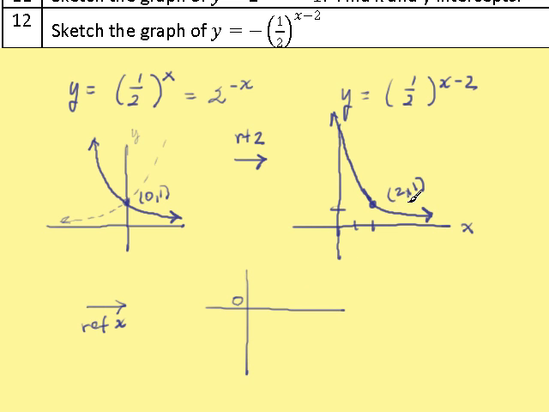Okay, so this point is going to change to 2 comma minus 1 when we reflect. And that's basically the picture. Okay, so this is the graph of y equal minus 1/2 to the x minus 2.